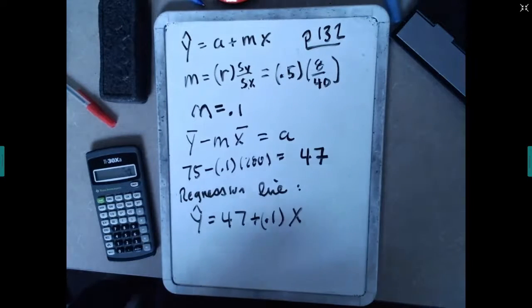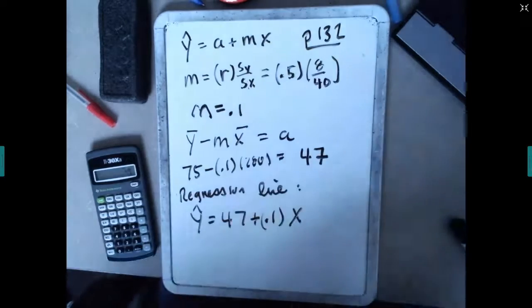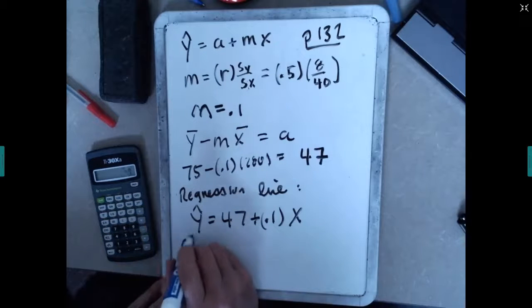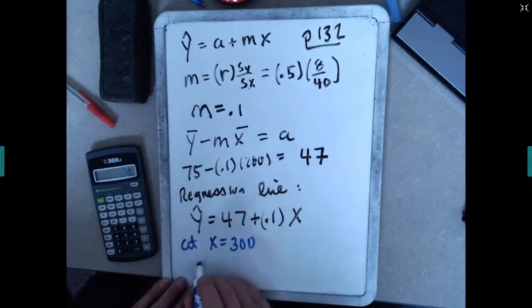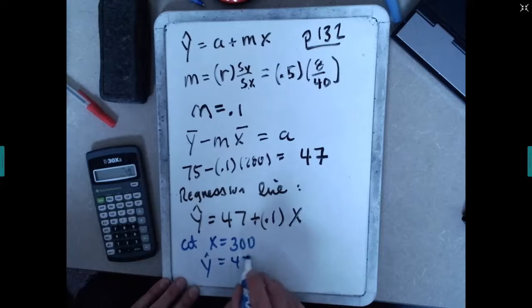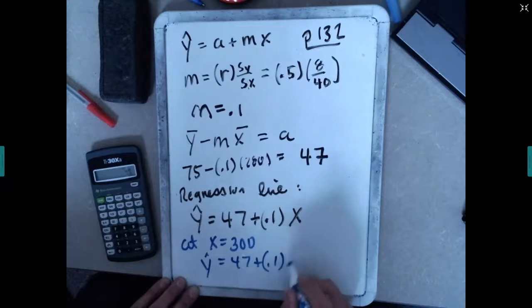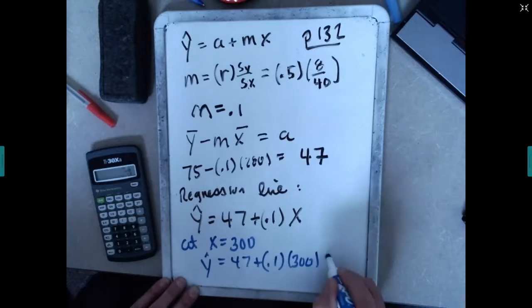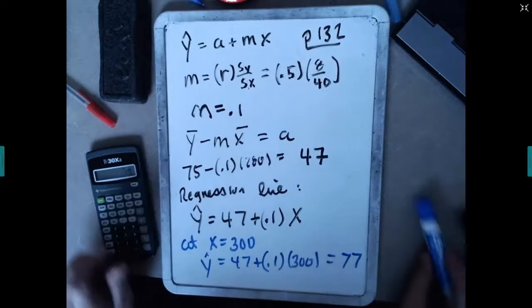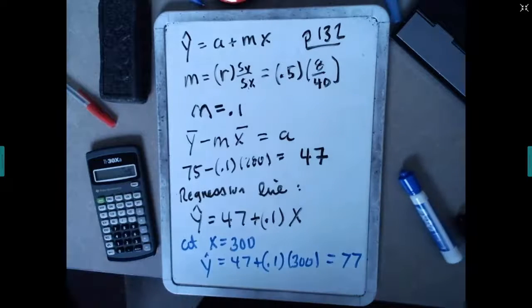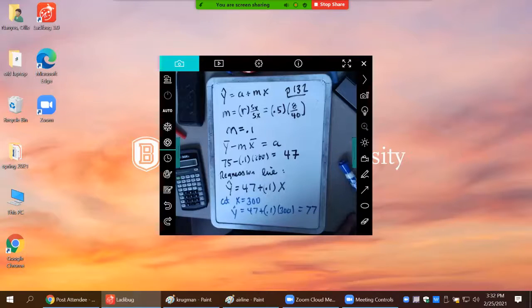Now he said Julie made a 300, so at x equals 300, y hat is equal to 47 plus 0.1 times 300, which is 77. So that's what the prediction is for that problem.